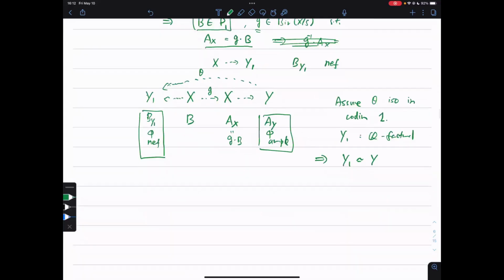So we see Y is isomorphic to Y_1, but there are only K of them. So we show the finiteness of models.